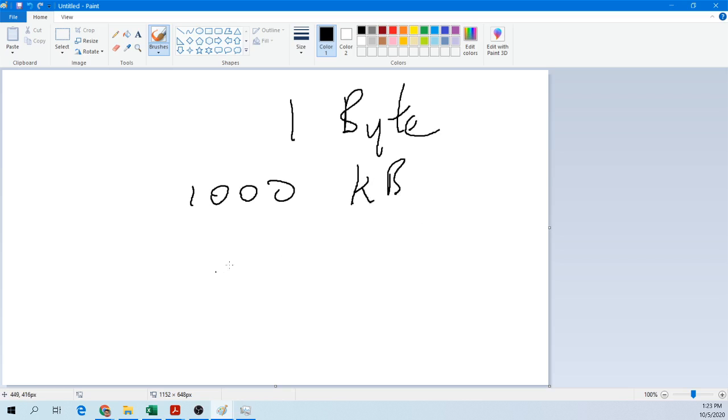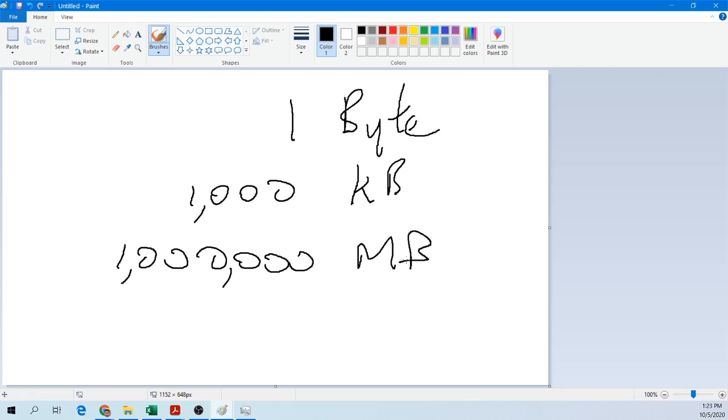Now, if you multiply it by another 1,000, which is basically like adding 3 more zeros, let me put a comma here, comma here, comma here. That's going to be a megabyte. So that's an easy way for you to remember it. Basically, you add three more zeros. So a million is actually a megabyte.